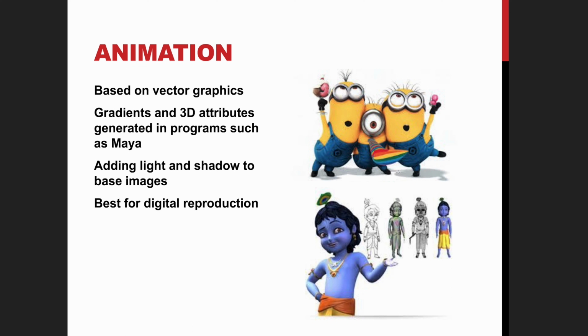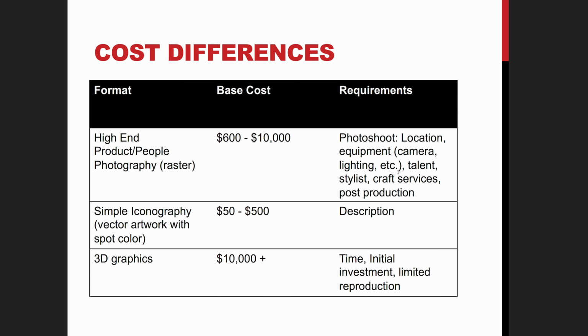Animation is another type, so it's like an advanced version of vector artworks, because it adds gradients and shadows and light to create a 3D image. So we're not going to look at that much, but we kind of want to talk about what that is. So that's best for online. You don't really print it that much because it's mainly best for being viewed on a computer screen.